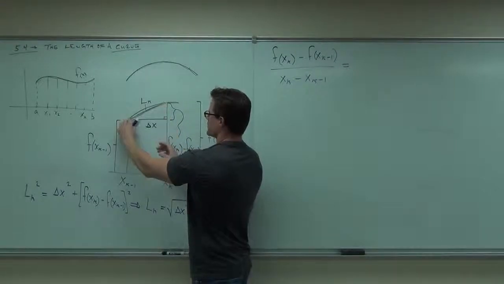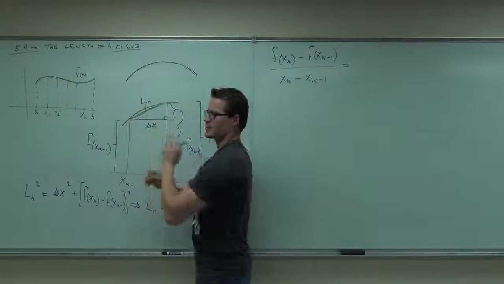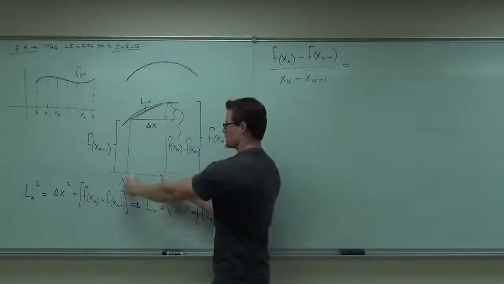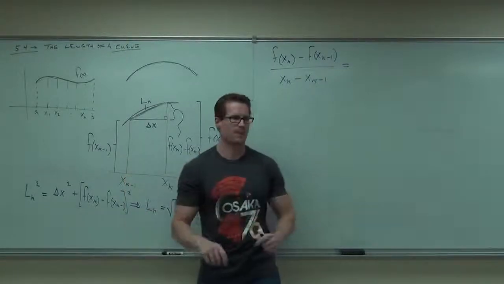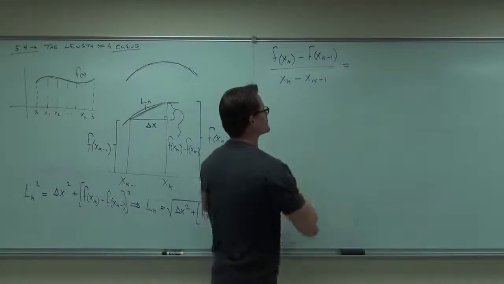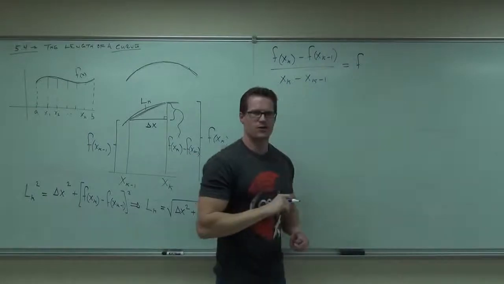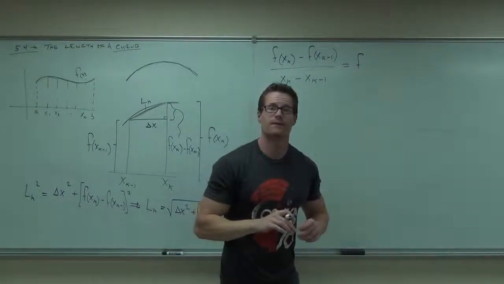At some point between here and here, the slope of my function will equal the slope of that line. Agreed? And where that takes place will be between these 2 points, somewhere on that interval. Do you understand that? Here's what it says in math. It says this will equal, what's the slope of a function in terms of calculus? First derivative.